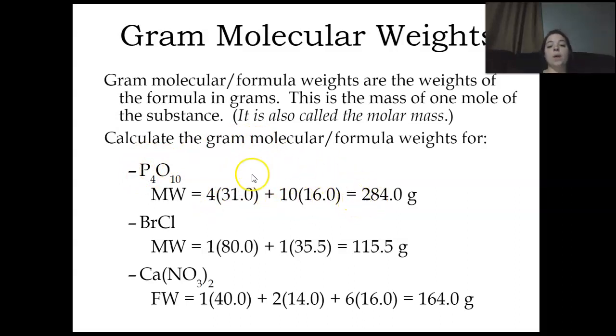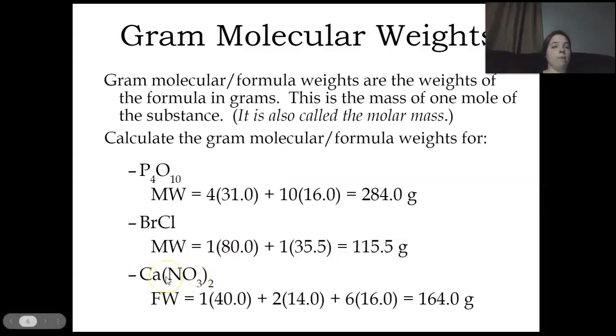Add them all up, and this would equal 284 grams per mole of phosphorus decaoxide. And then you've got bromine chloride, and 1 bromine is 80, chlorine is 35.5 or 36. You times them, add them up, you should get about 116 grams per mole.